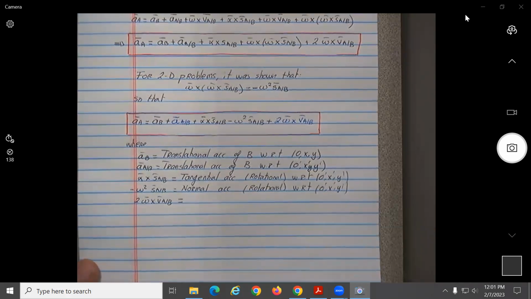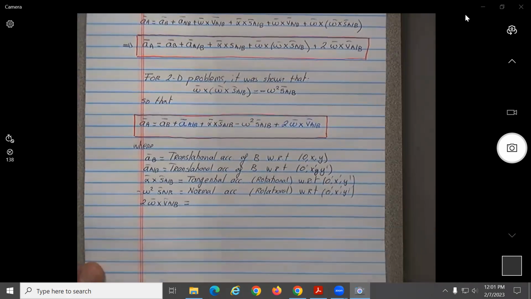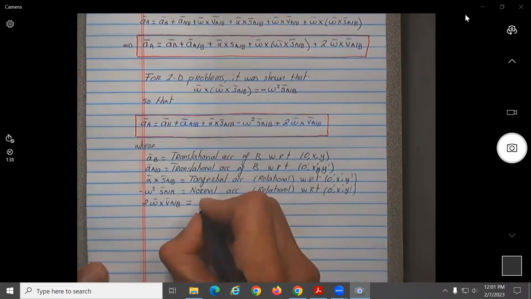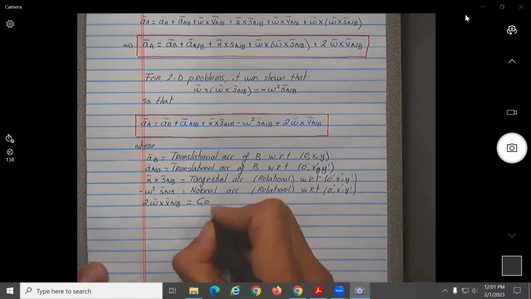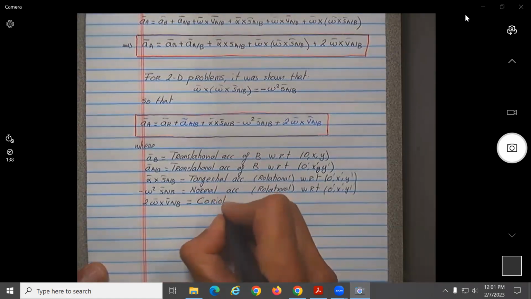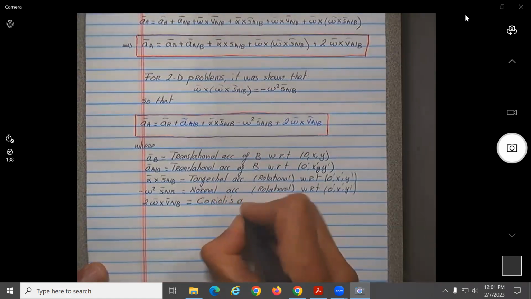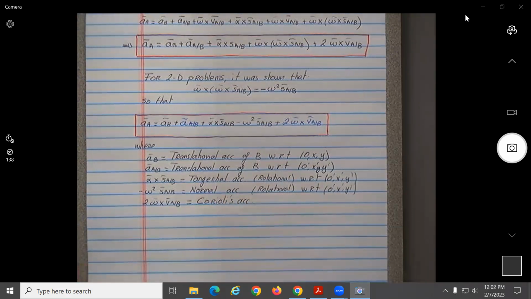That's not centripetal. Centrifugal would be the normal. Is it like Coriolis or something? Coriolis, yeah. Coriolis acceleration.